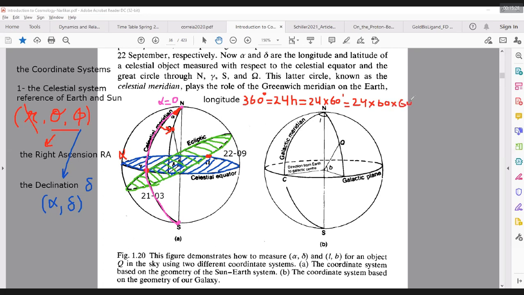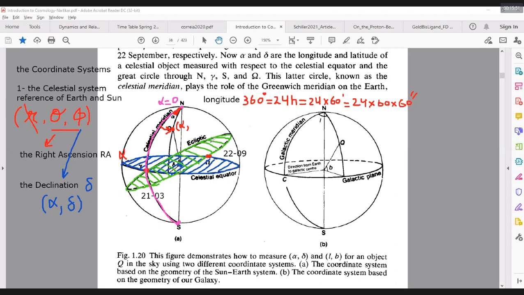These are various units of angle that we use for alpha. So one of the coordinates of this position is alpha, namely right ascension, just like longitude.